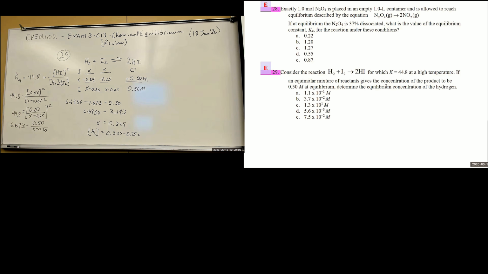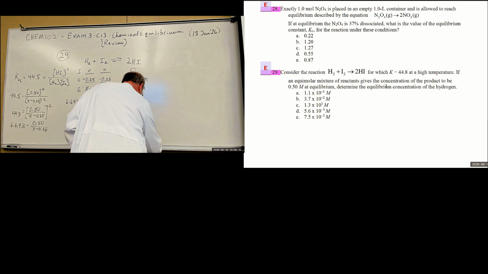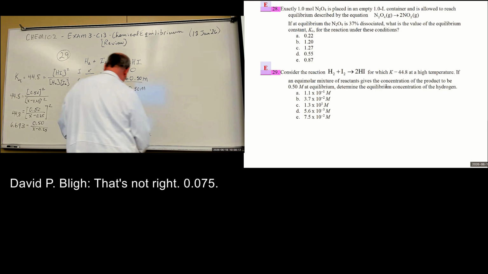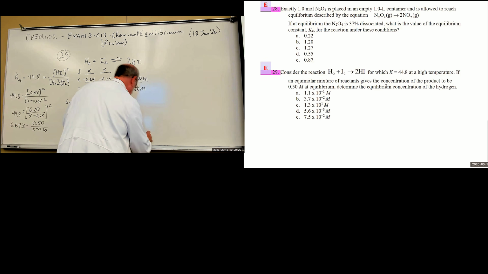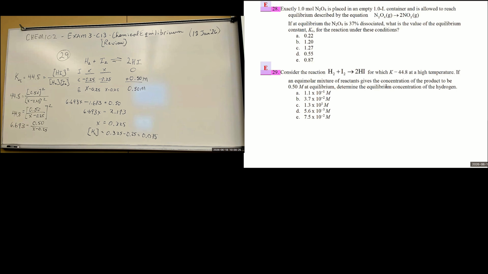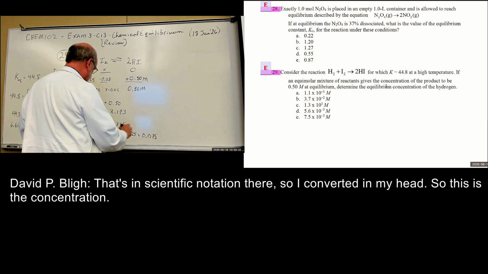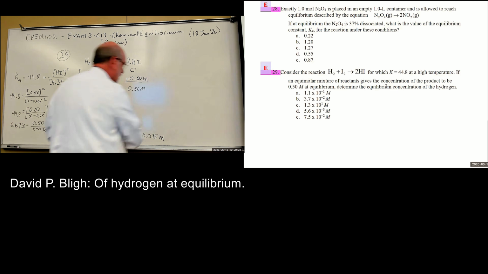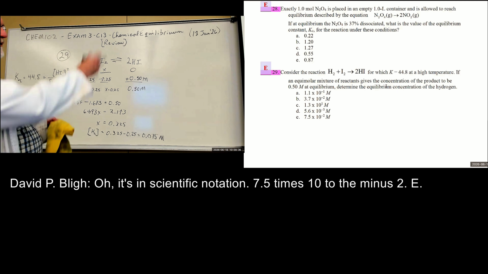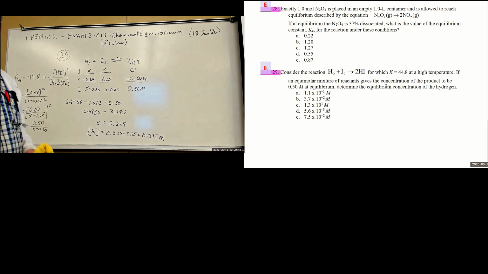That's 0.075. The calculator shows it in scientific notation, so I converted it in my head. This is the concentration of hydrogen at equilibrium: 7.5 times 10 to the minus 2 molar.